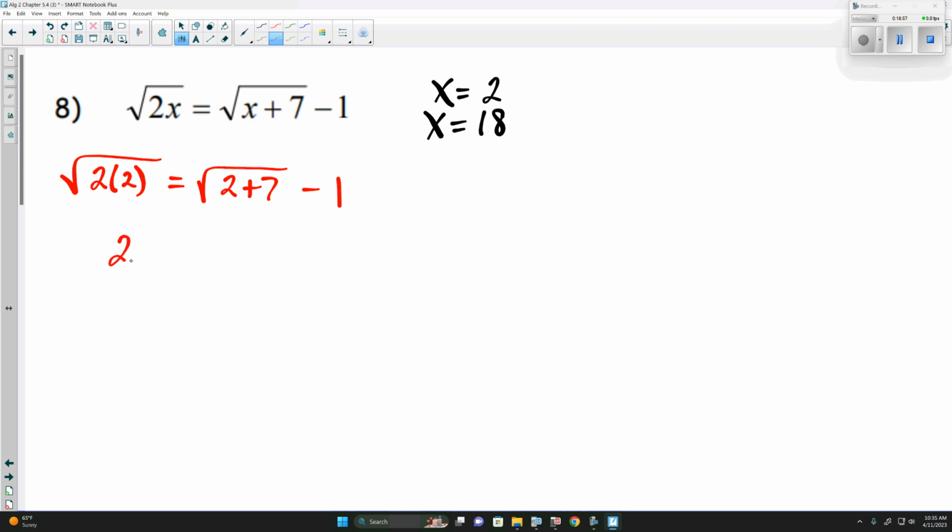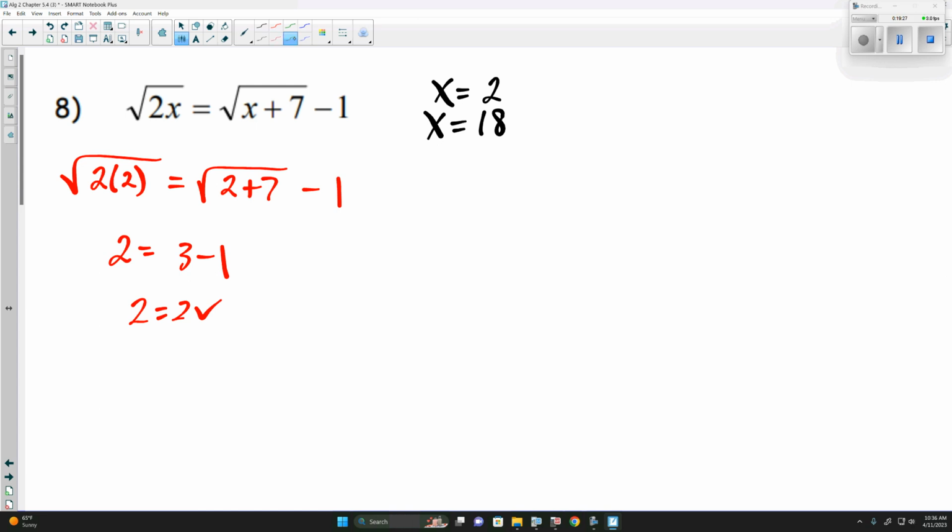So the entire left side is 2. On the other side, we have square root of 2 plus 7. 2 plus 7 is 9, square root of 9 is 3. And again, if we're checking something on the test, plug both sides individually into the calculator. If they come up to be the same, we write it as, say, 2 equals 2. We're done because that is checked.